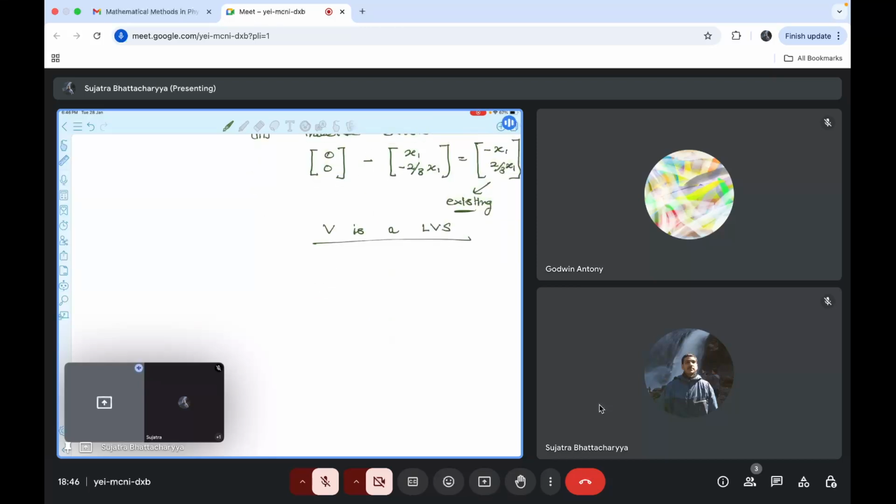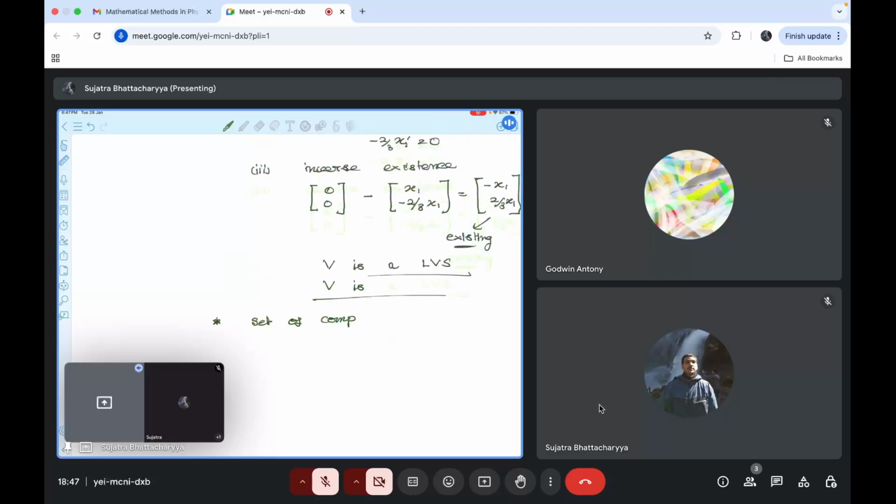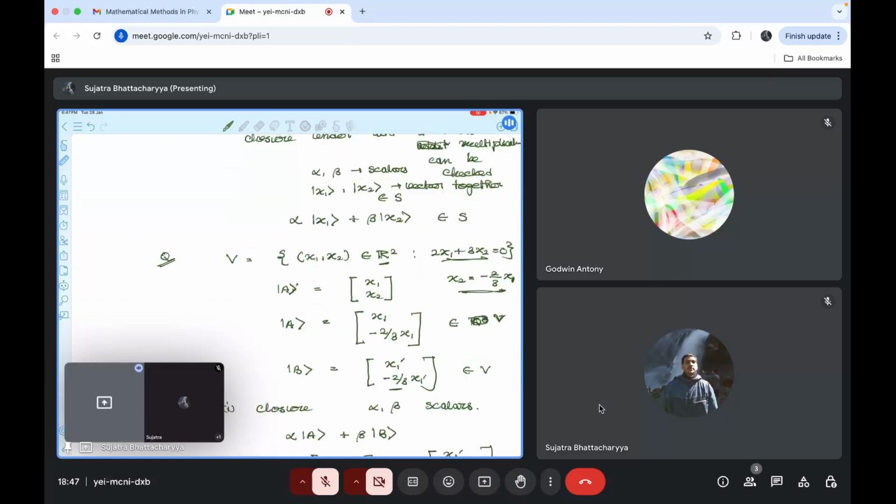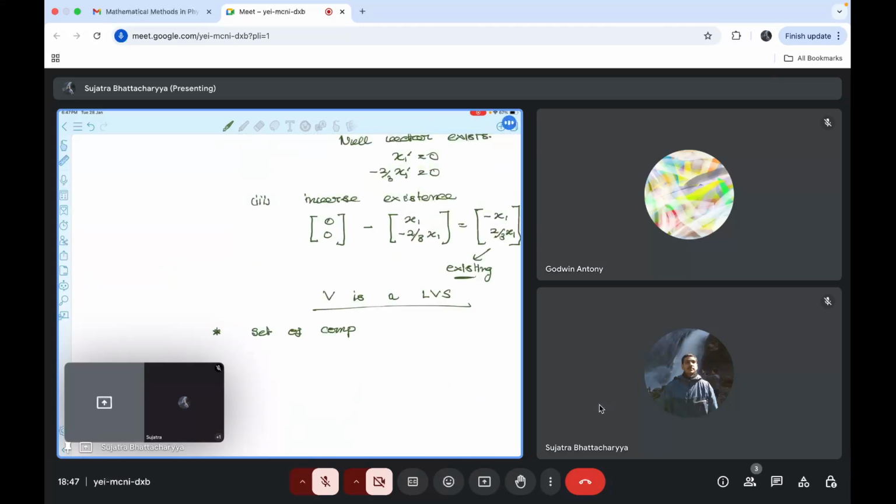Another important thing to note, it's star mark, which will be helpful for your assignment questions also. The set of complex valued functions. Here we are dealing with the real valued function. We have always written it in terms of R squared. These are real valued functions, but the set of complex valued functions also forms a linear vector space.